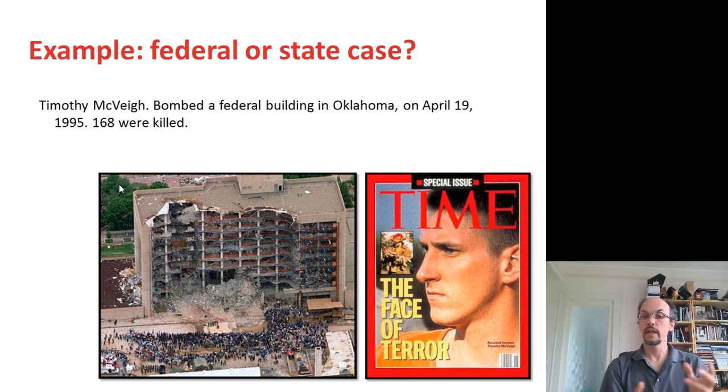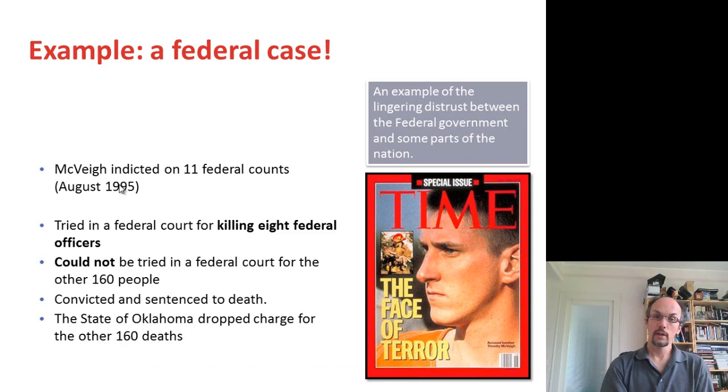It was, of course, a major case and the largest terrorist attack in the United States before the 11th of September 2001. So, it's a crime which took place in Oklahoma, but it's a crime which affected federal employees. So, how did the two of them interact?